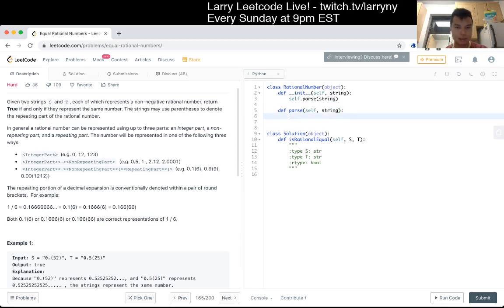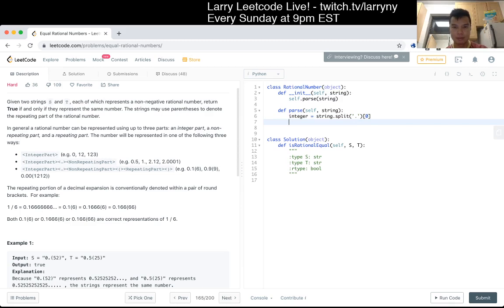Okay. Now integer part is equal to string dot. Is that good enough? I have to remember how to do Python.